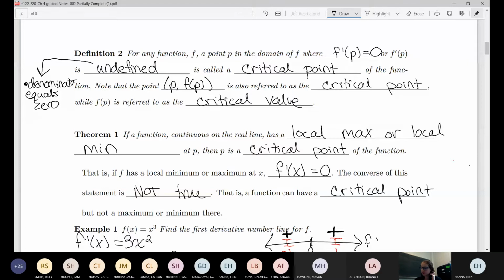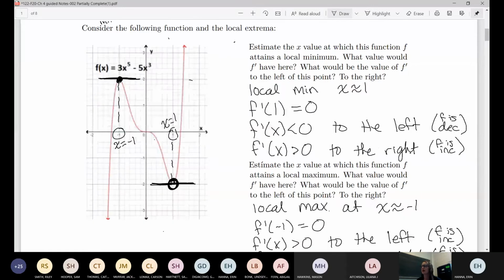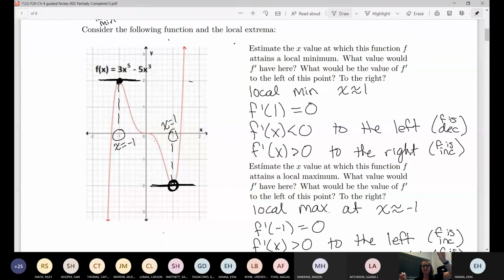And if you think about what we were talking about, I think this was Monday, way back when we were looking at this graph and located the max and the min graphically, think about what the derivative is equal to at a max or min. We'd have a tangent line that's purely horizontal at a max or min, and the slope of a completely horizontal line is 0.